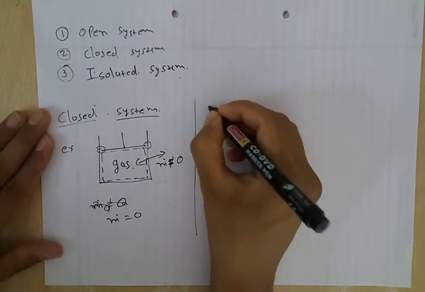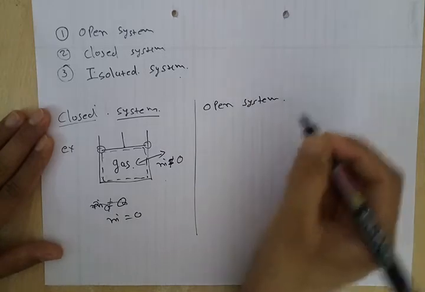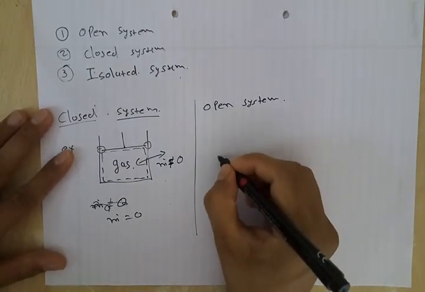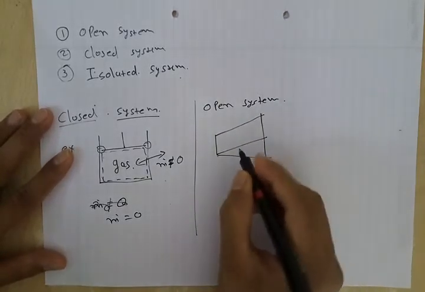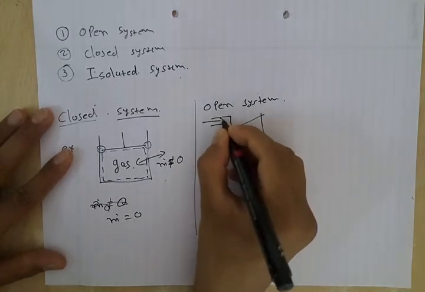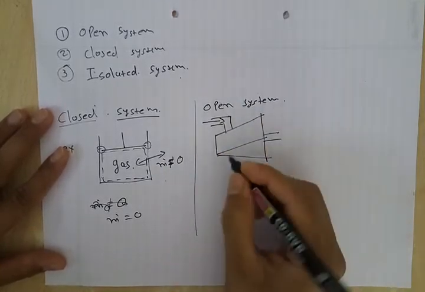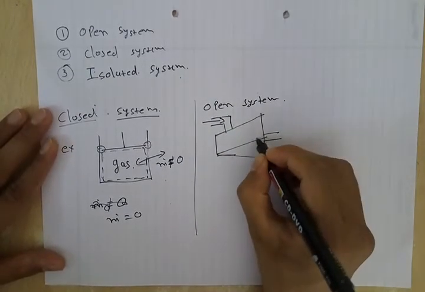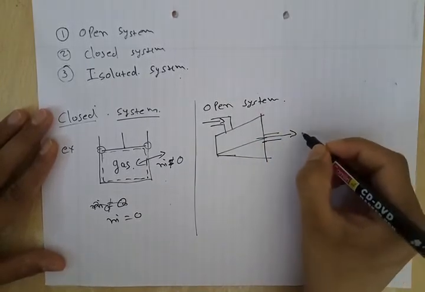However, in case of open system, mass transfer does take place. Let us say example of turbine. So fluid, meaning gas and air mixture, enters into the turbine, and after energy is extracted from this mixture, it exits the turbine casing as an exhaust gas.